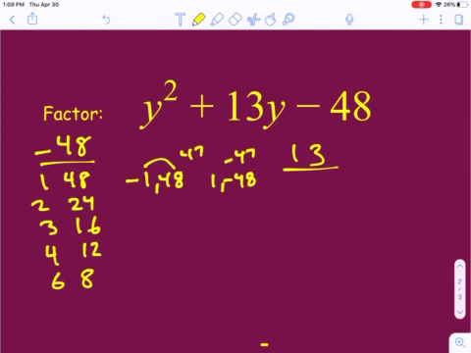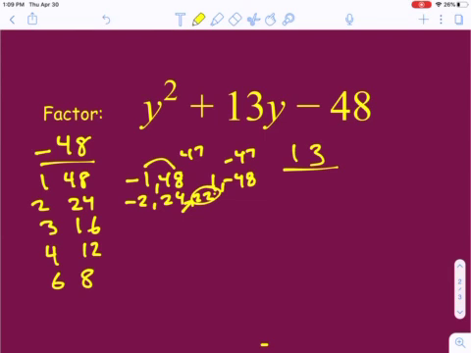So that's not going to work. And then if you look at 2 and 24 and go through the same process, negative 2 and positive 24 is going to give you 22. And then I'll give you guys a hint. The other option would just give you the negative version of this, because you'll get 2 and negative 24, which is negative 22, which isn't near 13.